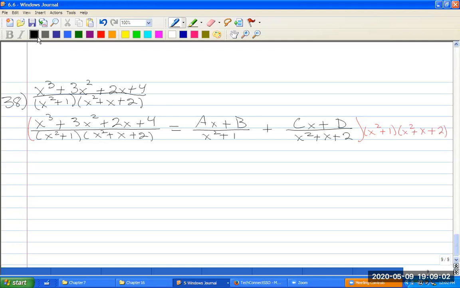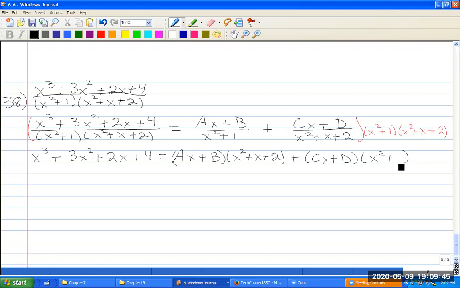Okay, so if I do that, I get x cubed plus 3x squared plus 2x plus 4 is equal to, x squared plus 1's cancel, ax plus b times x squared plus x plus 2, plus cx plus d times x squared plus 1, since the x squared plus x plus 2's cancel. So let's try to figure out what each of these are.